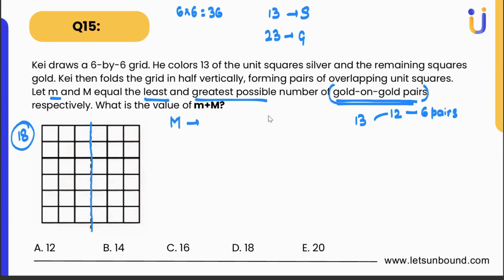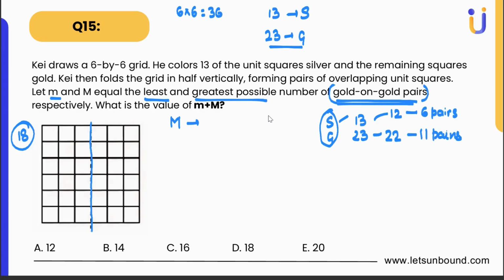Out of which, if 6 pairs are all silver, no gold has been wasted to mix with silver. So of all 23 golds, except for one, which will pair with one silver, there'll be 22 golds which will pair against each other, and there'll be 11 pairs.